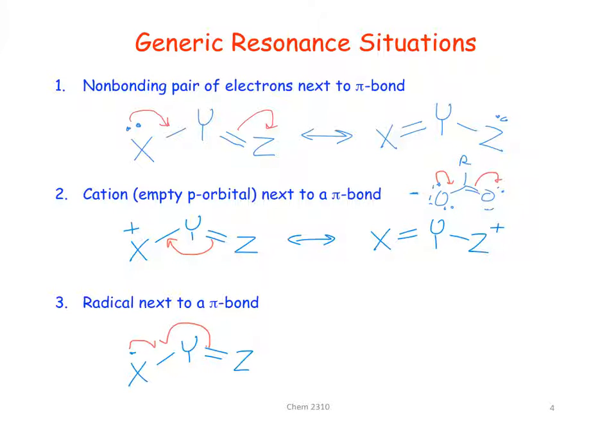We're only going to take one of those, so we're going to form a new pi bond. We're going to split this pi bond, and the other electron is going to go over to Z. So we've shifted the pi bond to the other side, and now Z holds the radical.